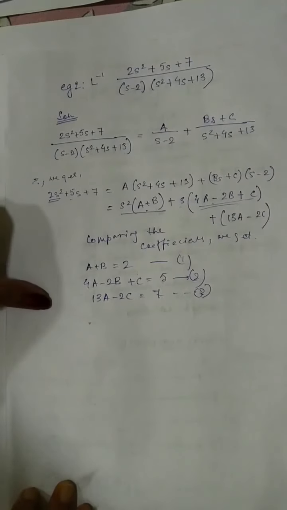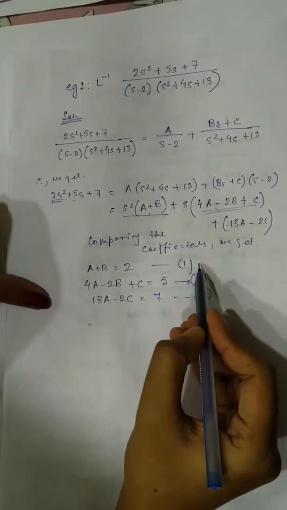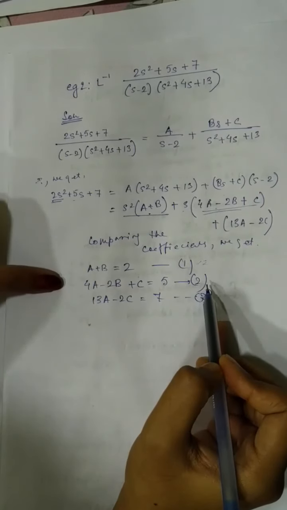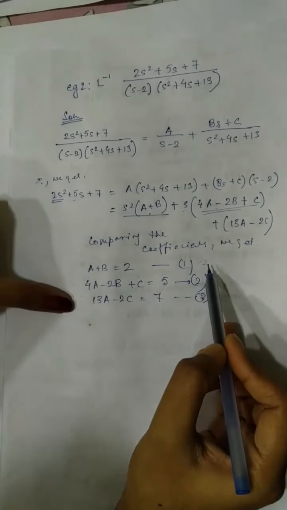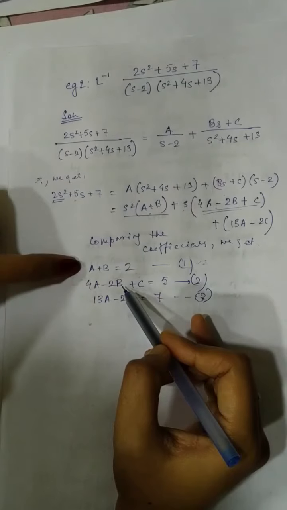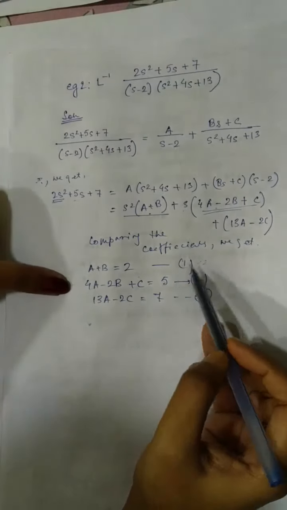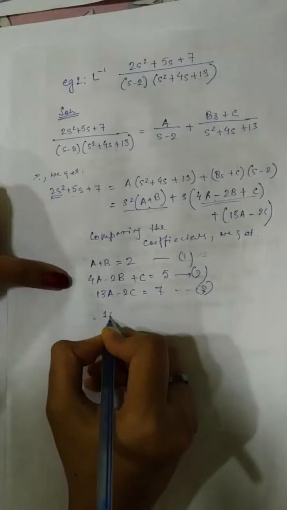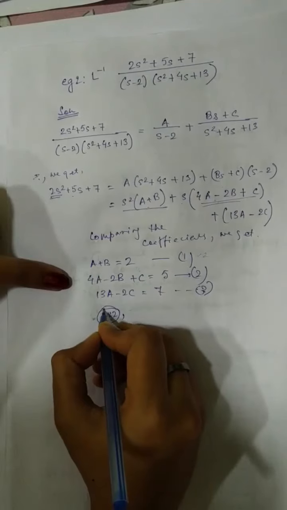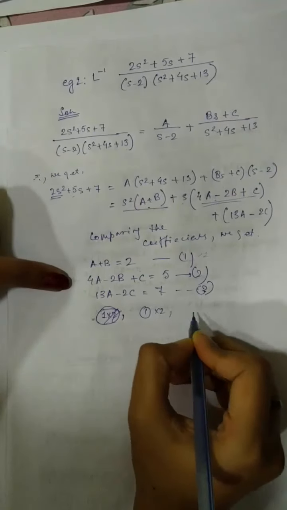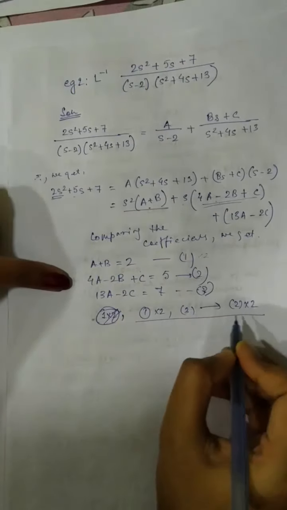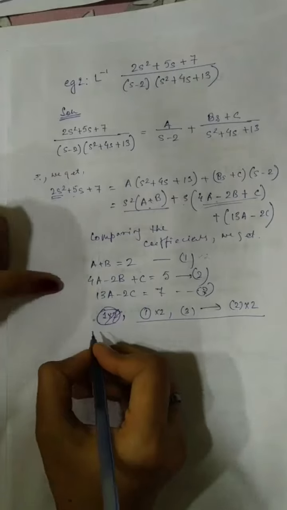Okay, so I'm multiplying equation 1 by 2. This gives me 2A plus 2B, so I can replace it over here. Then I'm substituting this equation and equation 3 into equation 2 multiplied by 2, right? So you can just replace everything at a time.